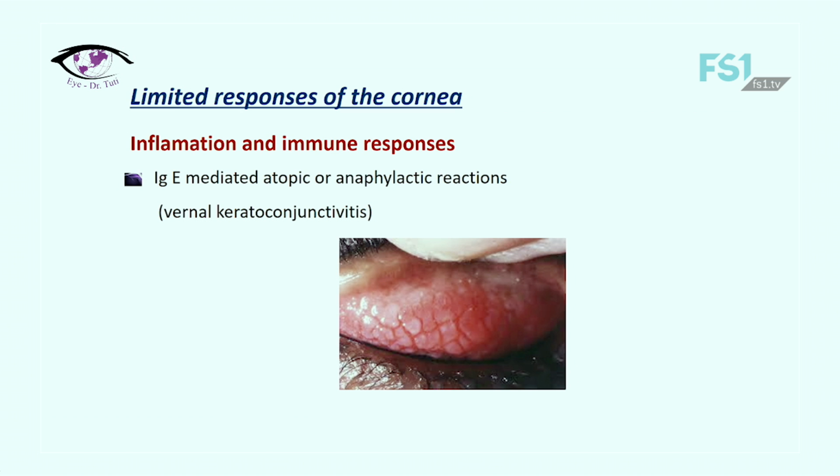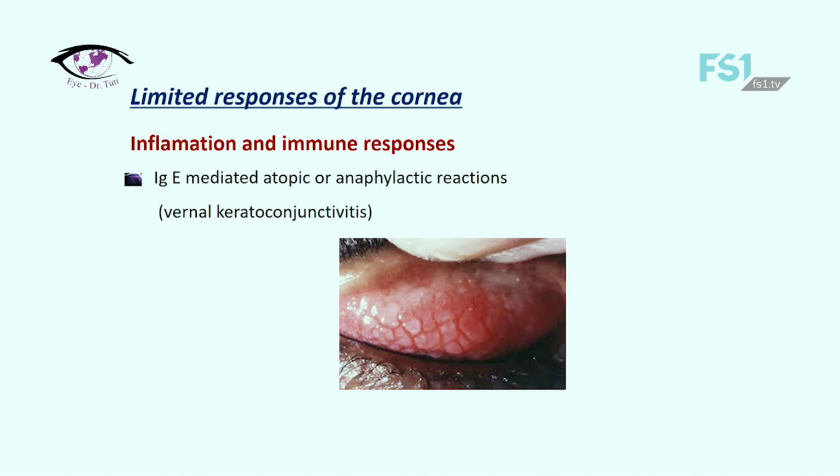The next response is inflammation and immune responses. This type of response has additionally a few kinds of reactions. For example, immunoglobulin E mediated atopic or anaphylactic reaction, for example, in case of vernal keratoconjunctivitis.